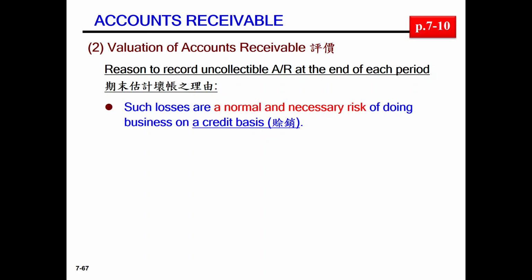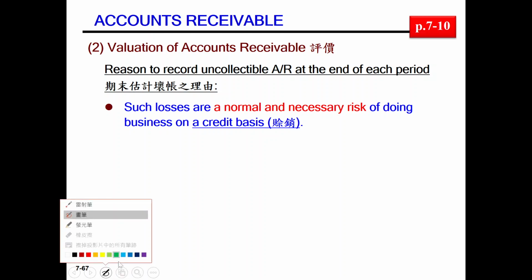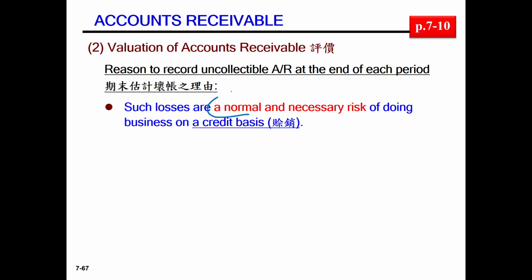You won't get the money back. So that's why it's a normal risk. It's not abnormal. It's quite a common situation. You cannot get the money back in the future. Since it's a normal situation, then we have to consider it each time.